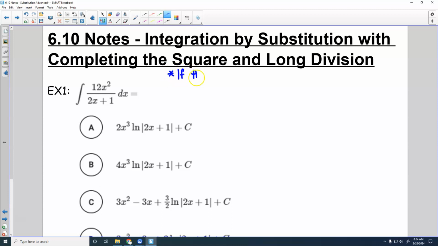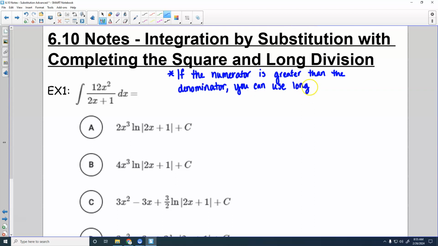If the numerator is greater than the denominator, you can use long division.